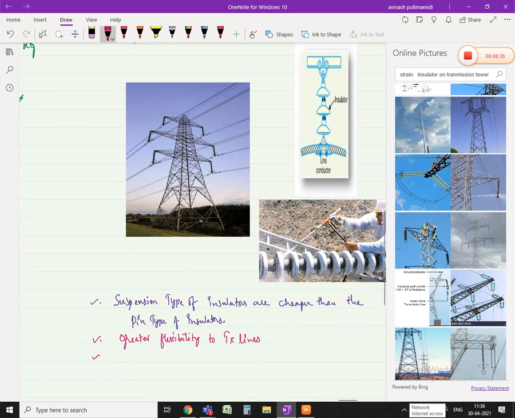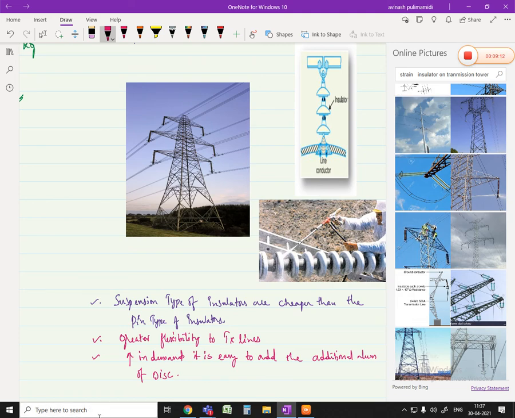The third point: in case of increase in demand, it is easy to add an additional number of discs to the suspension type of insulators.